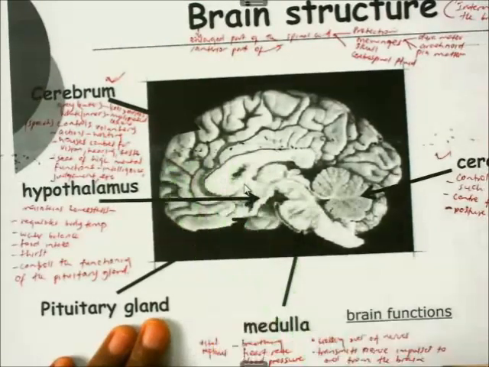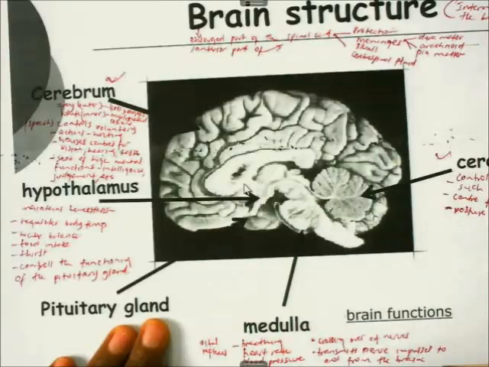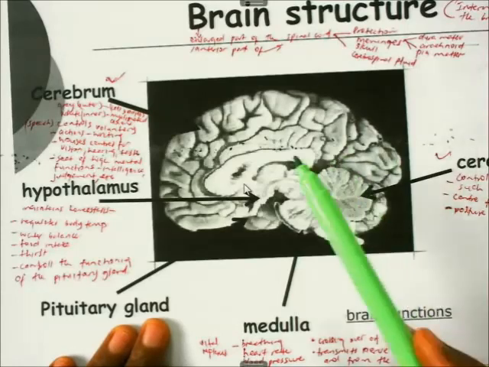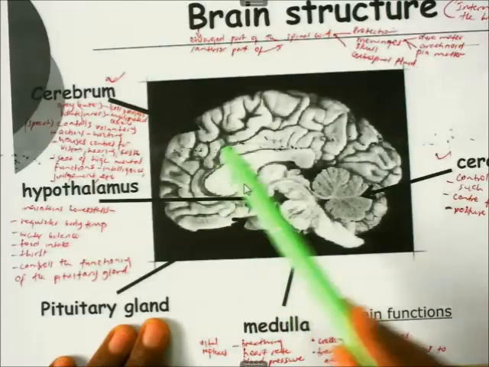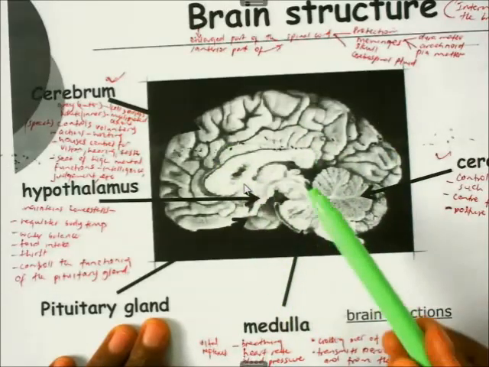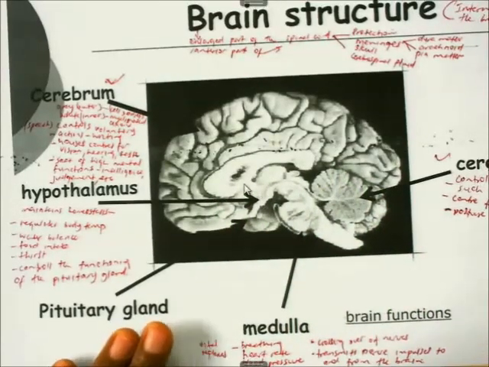It consists of the gray matter on the outside and the white matter on the inside. So the gray matter is made up of the cell bodies, whilst the white matter is made up of the myelinated axons.